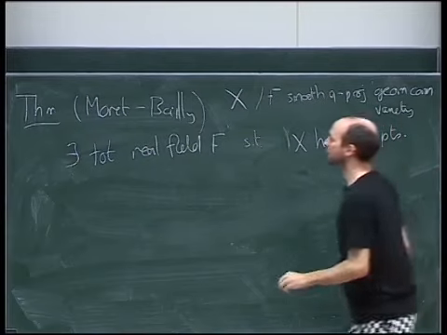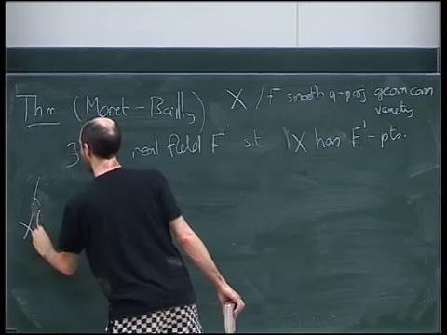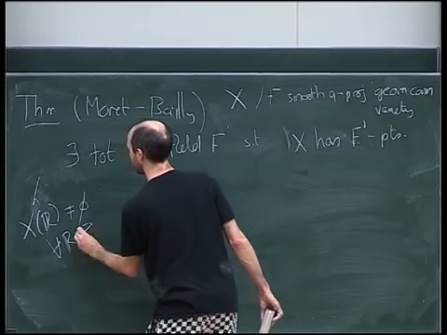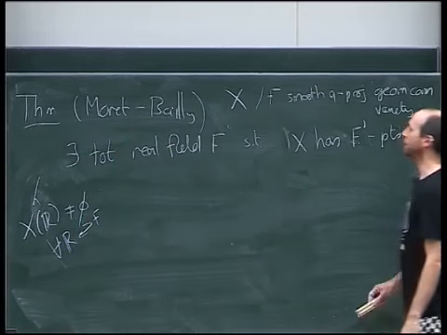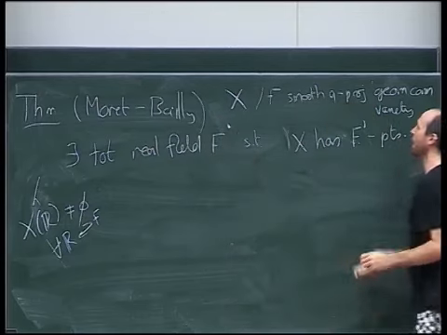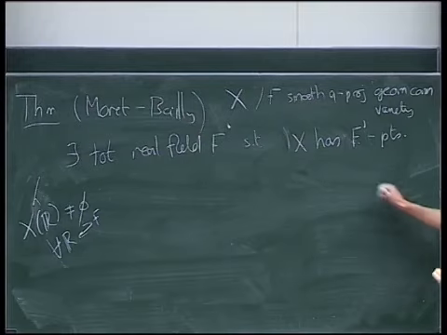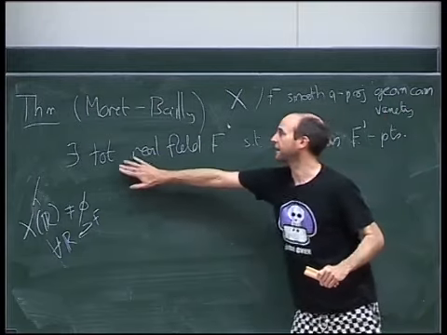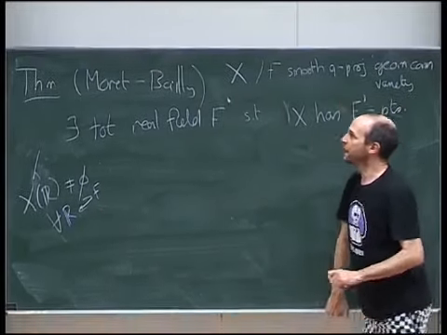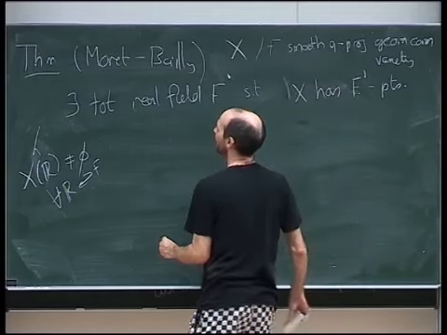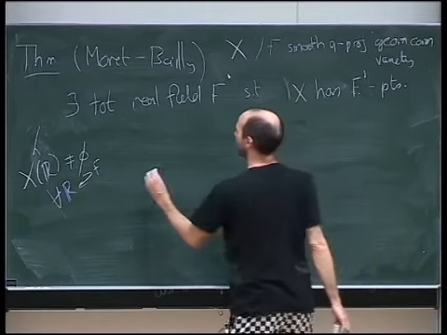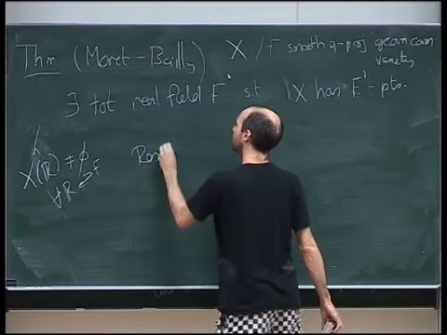The theorem is: if X(R) is non-empty for all embeddings of F into R, then there exists some totally real field. You see, this isn't a local to global principle, because I haven't said there's an F point, but I can find a number field which is totally real. And in fact, even better. So you see, we're done, right? That's the proof, nearly. So hence, the result follows.